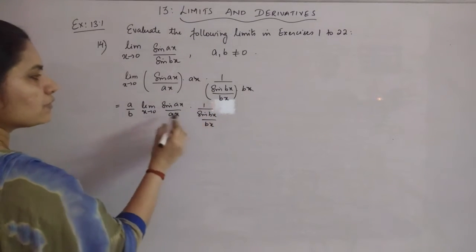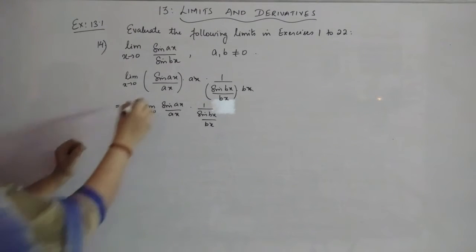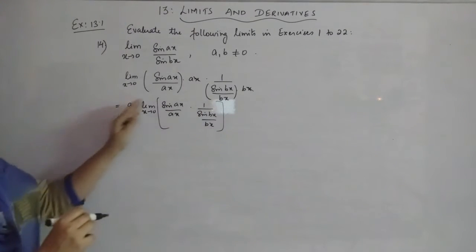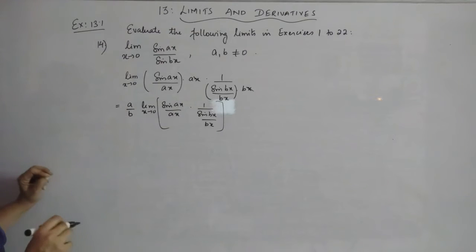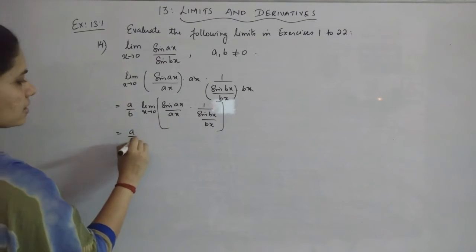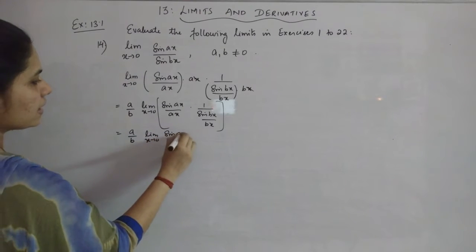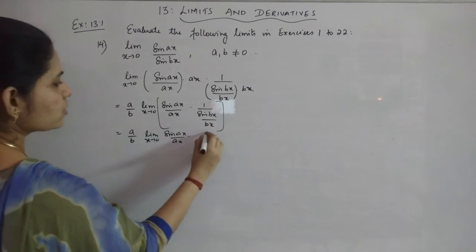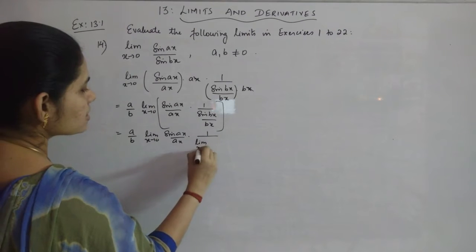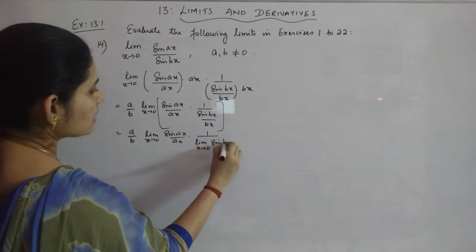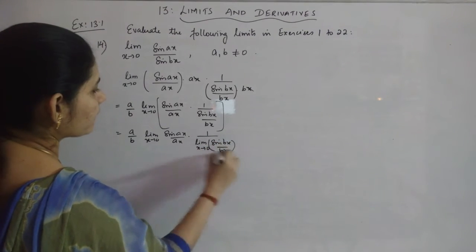Now just remember that if you have a denominator term and the limit in common, you can give the limit to both the terms separately. So here you can write a by b into limit x tends to 0 sin ax by ax into 1 by limit x tends to 0 sin bx by bx.